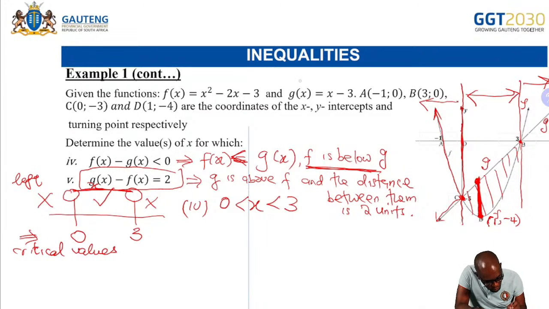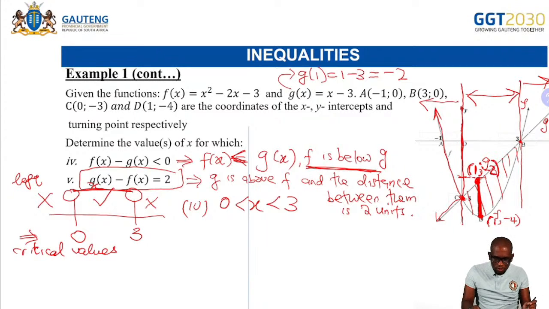If we put 1 into the function g, g of 1 would be 1 minus 3, which is -2. So this point here is when x is 1, y is -2.